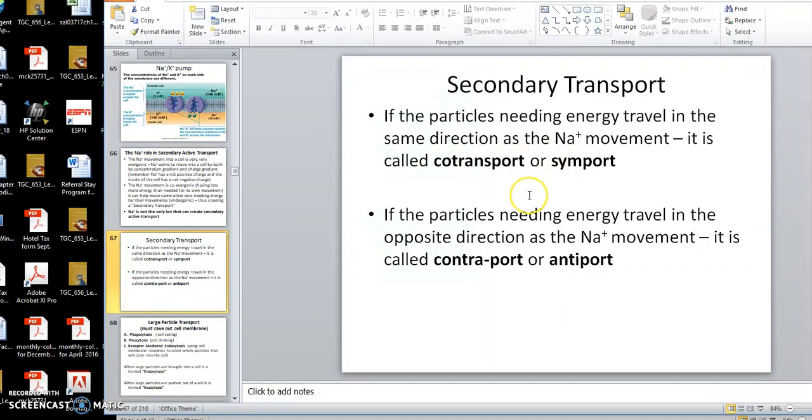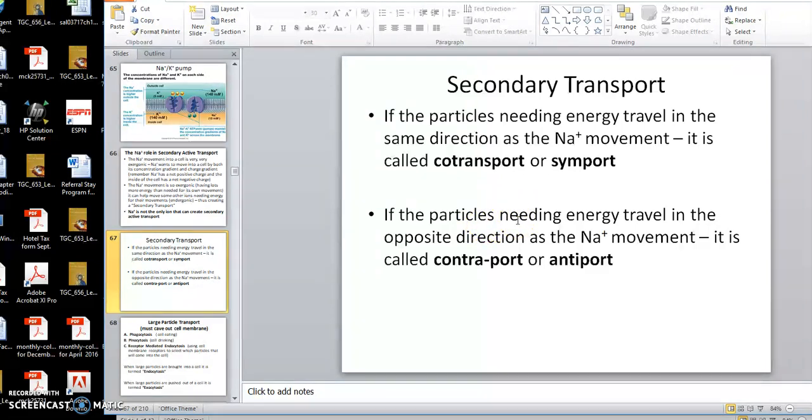Now, on the other hand, suppose something was low on the inside and high on the outside, and you wanted to get that out. You'd have to pay for some more ATP. But you could create a special turnstile integral protein, so when sodium came in, it would flip the other substances out. When sodium came in, because it's exergonic, extra energy, it would flip the other substances out.